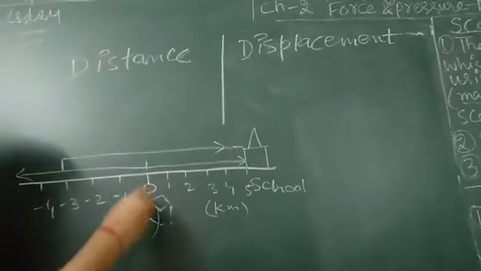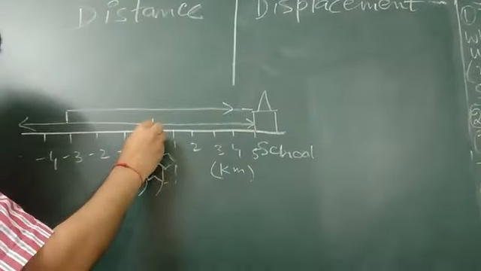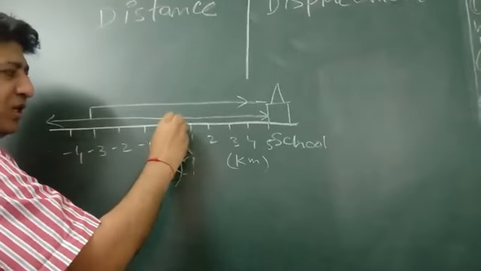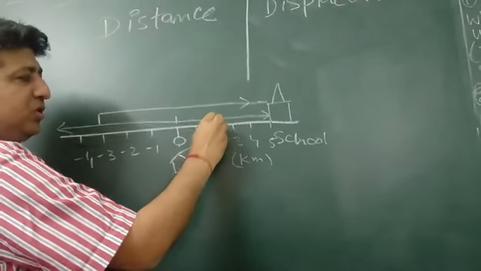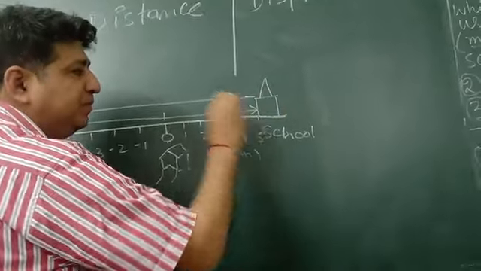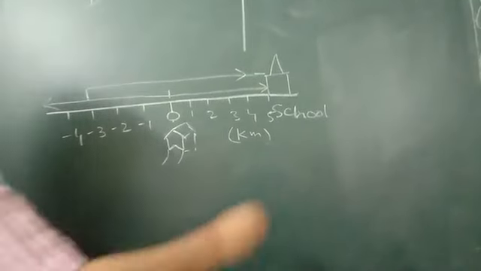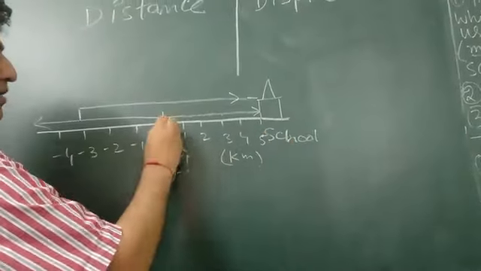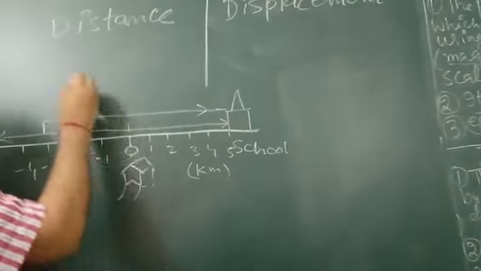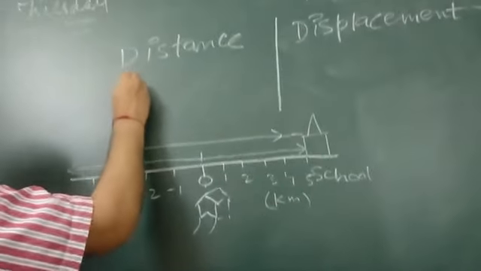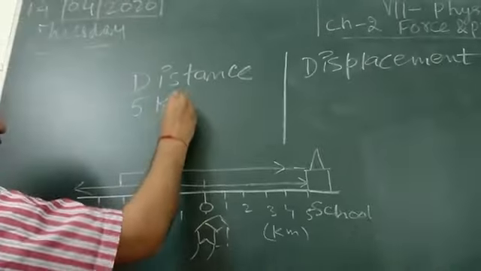Okay, so in the morning, we get up and we start our journey towards school, and we reach school. Now, when we reach school, if I ask you what is the distance covered, then you would say the distance covered is 5 kilometers.